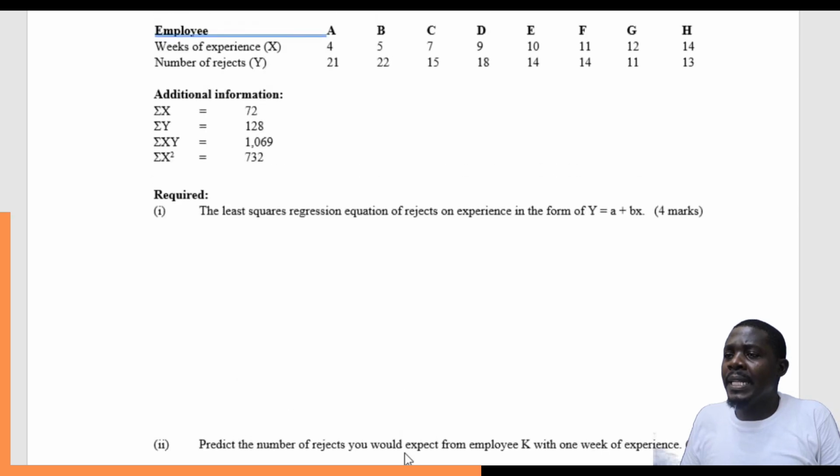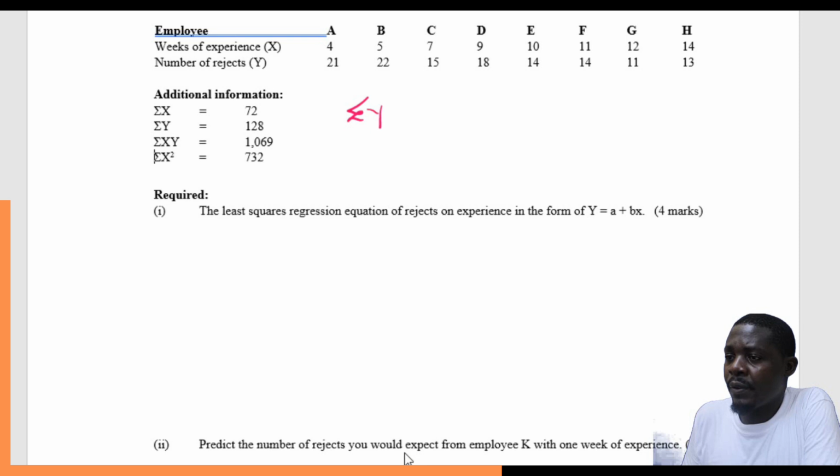Now, in this case, they have already computed the sums for you, so we are not going to construct the table. These are the formulas we are going to use. Let me write the equations here.